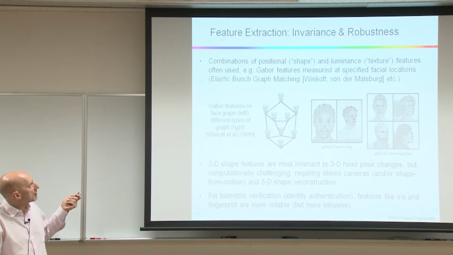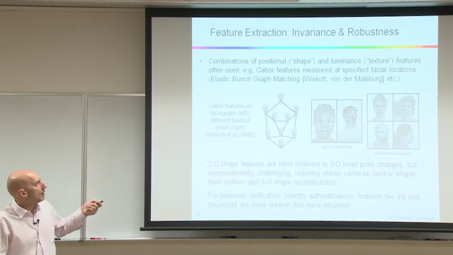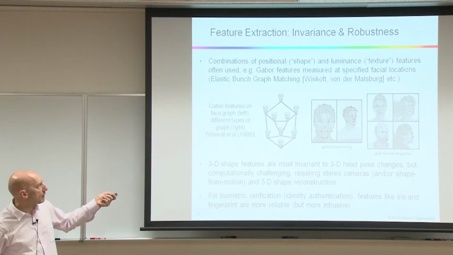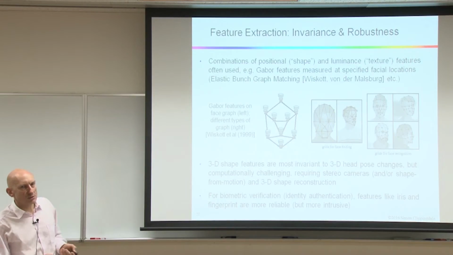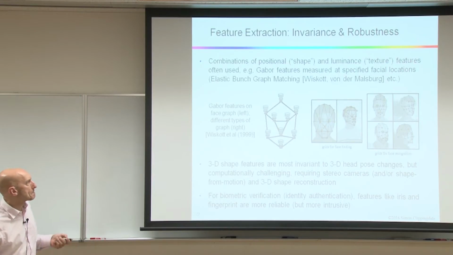One rather successful approach was elastic bunch graph matching, where they defined a fixed set of points on the face: eyes, nose tip, mouth corners, and so on.